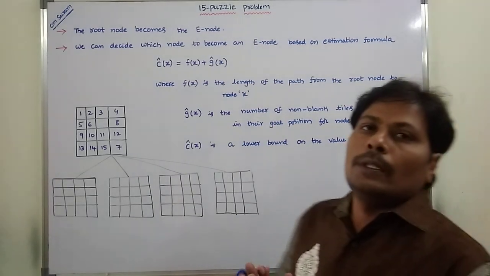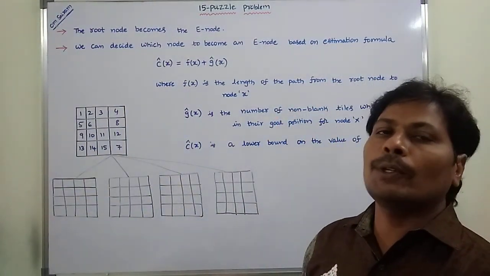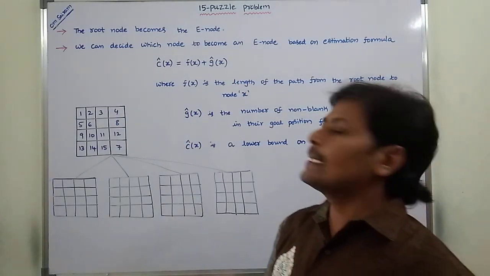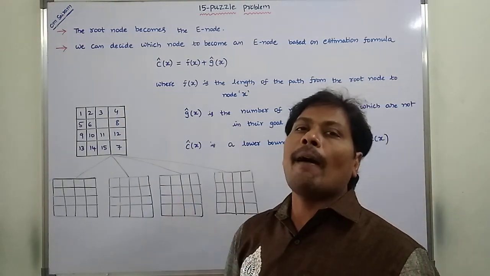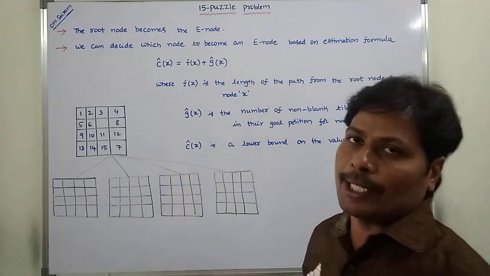Now this is the sample state space tree. This is the root node. This root node becomes the E node while creating its 4 children.